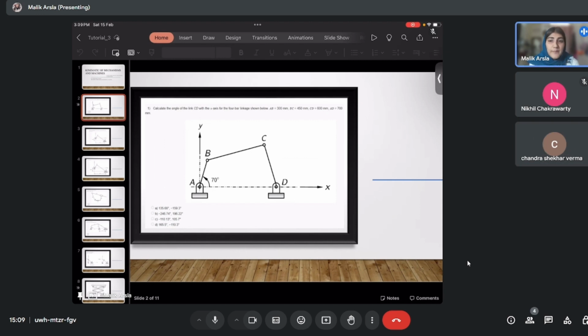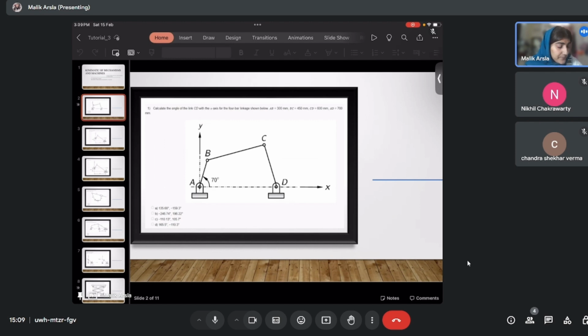Okay, so we have to calculate the angle of link CD with the x-axis of the 4 bar linkage shown below. AB is equal to 300 mm, BC is 450 mm, CD is 600 mm, and AD is 700 mm.